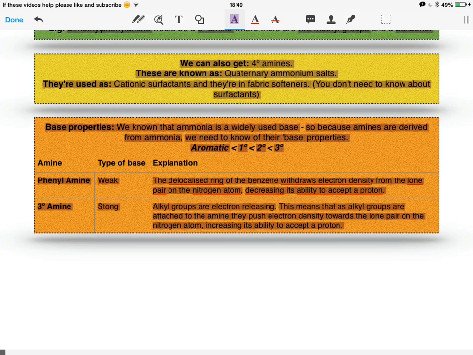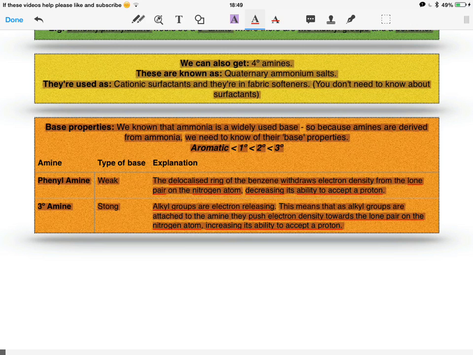So again, the key points here would be the alkyl groups are electron releasing. This means that they push electron density towards the lone pair. I guess that's reiterating. But you'd have to say the lone pair on the nitrogen atom, because you need to make clear where it is, and this increases its ability to accept a proton. That's kind of a so what.